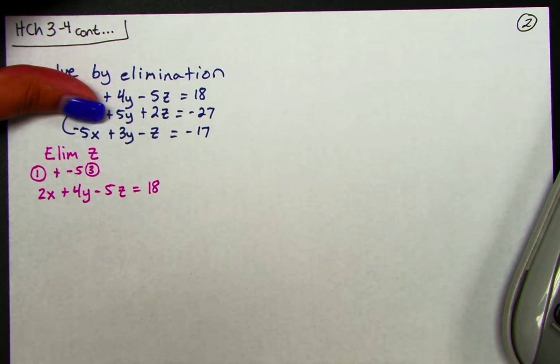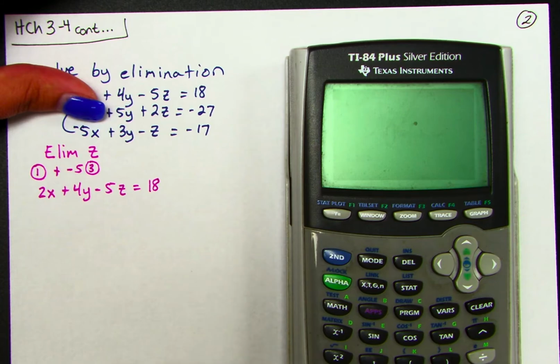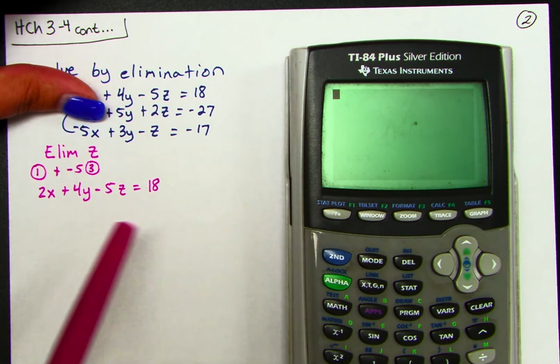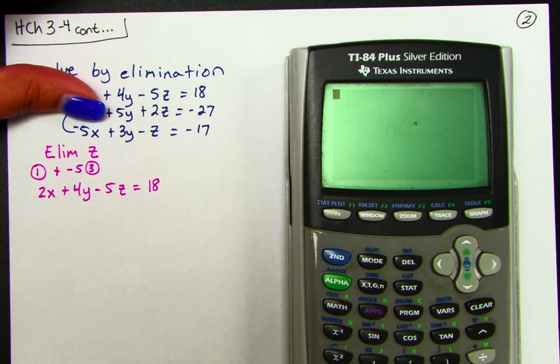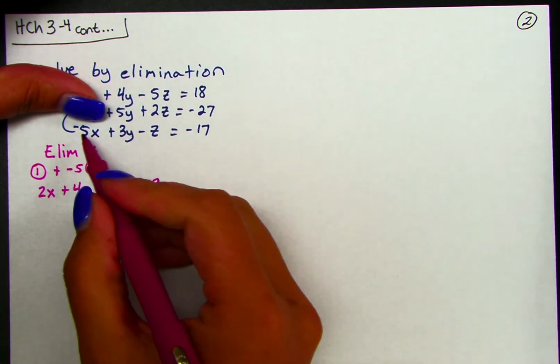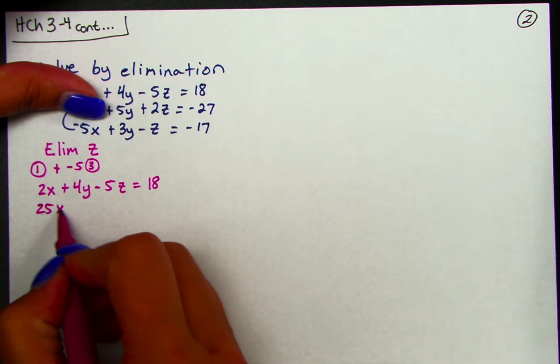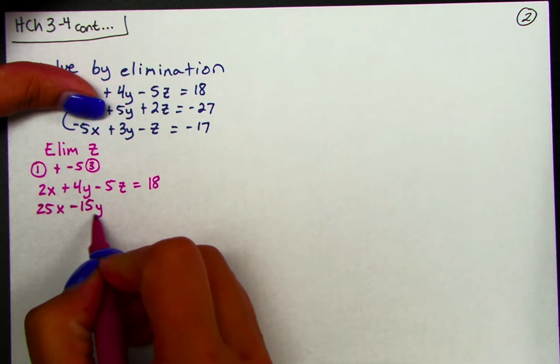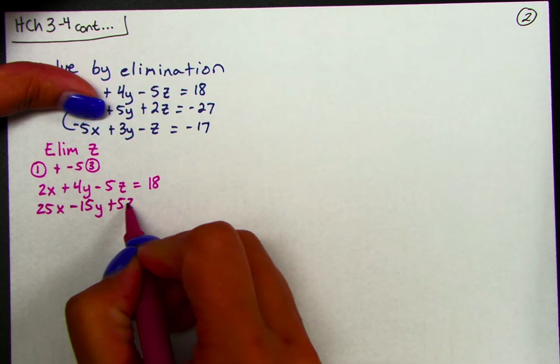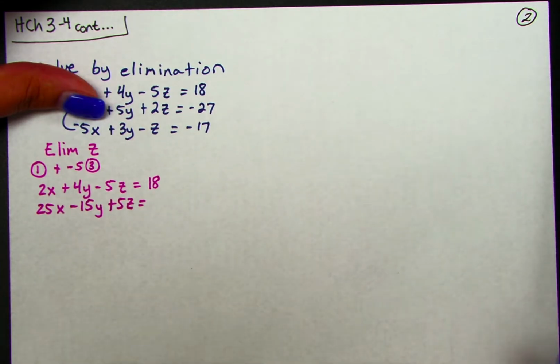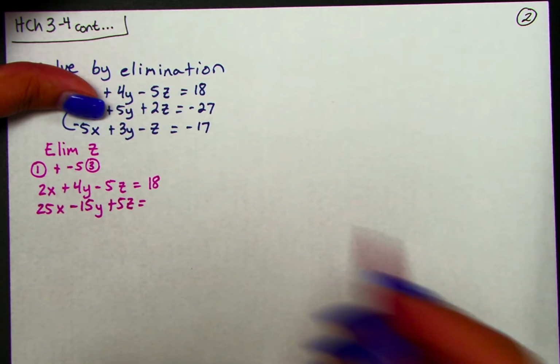And again, I would use a calculator to help you, just so you don't accidentally make an algebra mistake, especially when we're dealing with some bigger numbers. So if we're multiplying everything by negative 5, this will be 25x minus 15y plus 5z equals, let's see, 17 times 5, 85.